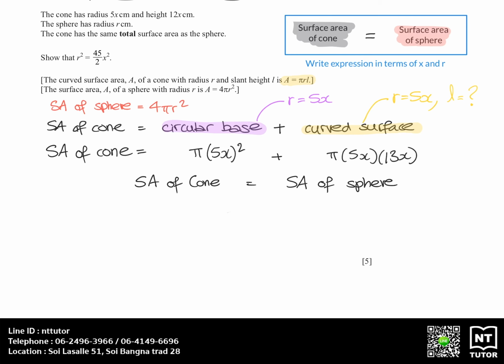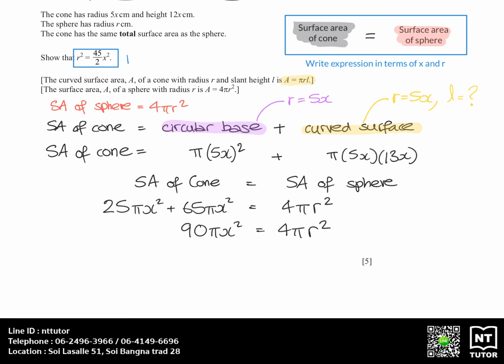And since the surface area of the cone equals the surface area of the sphere, we can write the expression we have for the surface area of the cone equals the expression we have for the surface area of the sphere. Now, our expression is in terms of x, pi, and r. And if you look at the expression that we want to rearrange it into, it's r squared equals something, or r squared is the subject of the formula.